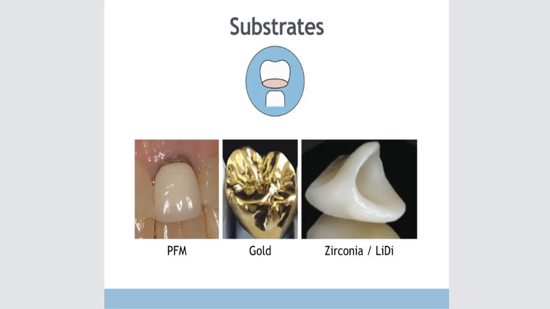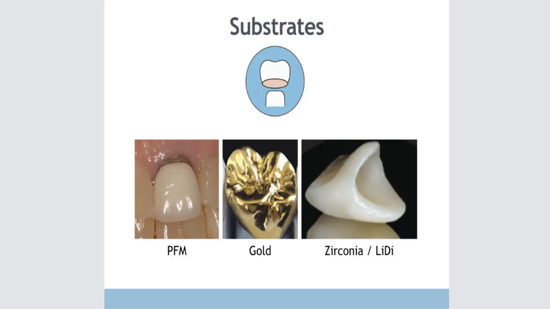Well, it could be that we've come from a mentality of porcelain fused to metal and gold, where we had one substrate, which is metal, and we had one luting choice, which is to cement. And so for years and years, that's what we've done. We've had that mentality. But something happened not so long ago where zirconia and lithium disilicate became the substrate of choice for most of our practices.